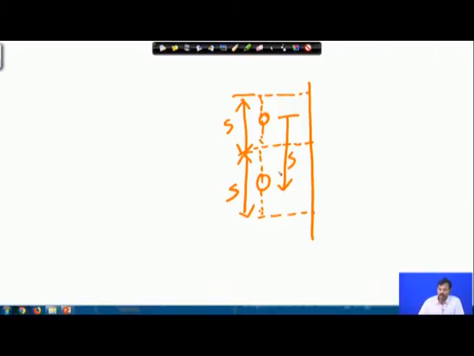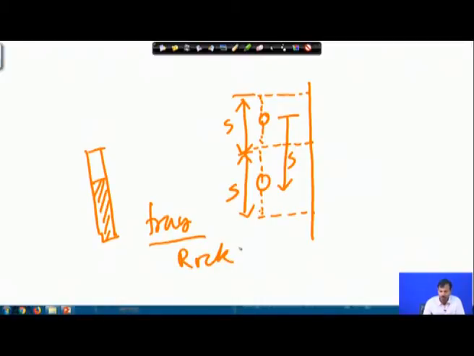This is essentially required because we consider the charge placed in a hole is basically fragmenting the rock volume which is equal to burden into spacing into bench height.